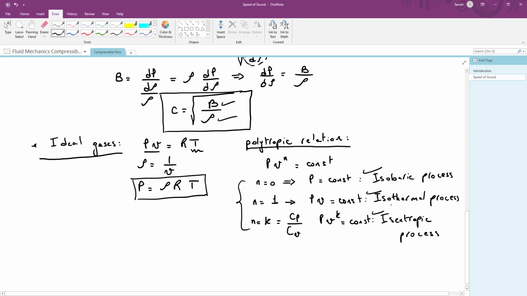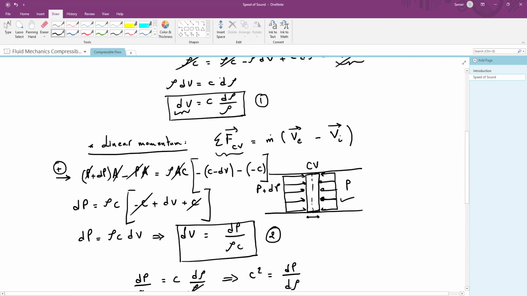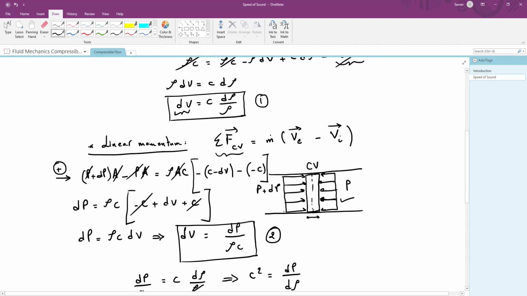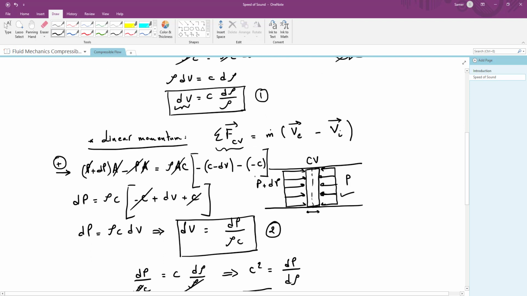So we need to assume a type of process for this problem. Either our problem can be considered isobaric, isothermal, or isentropic. The best assumption here is to consider the process as isentropic.